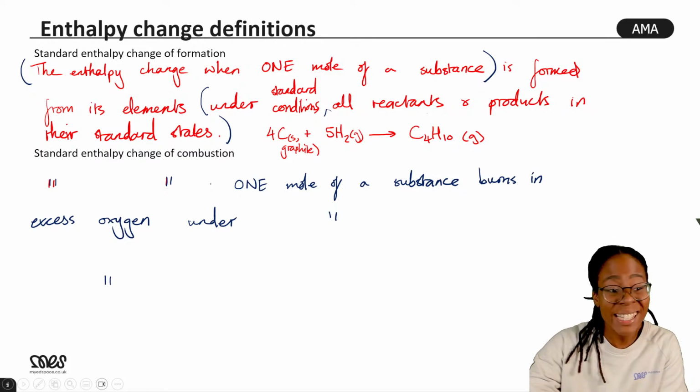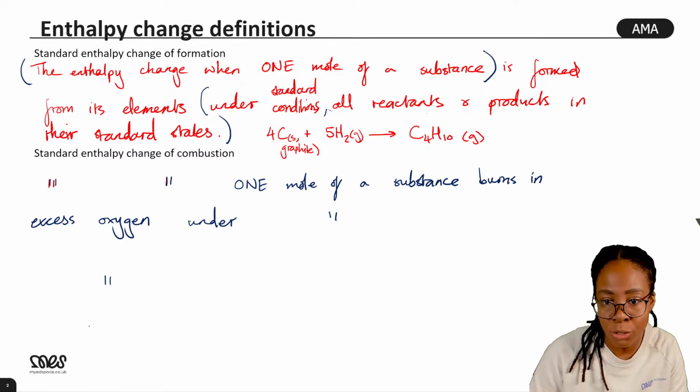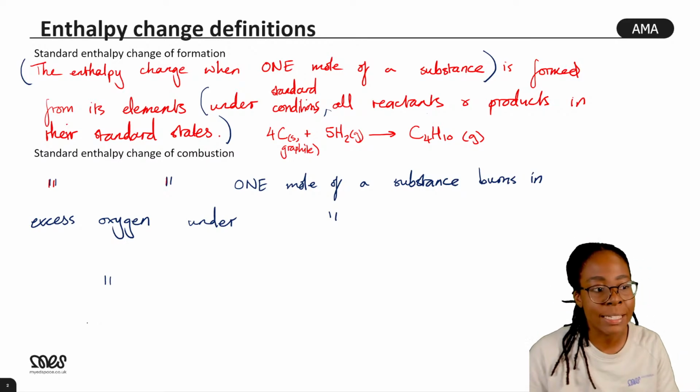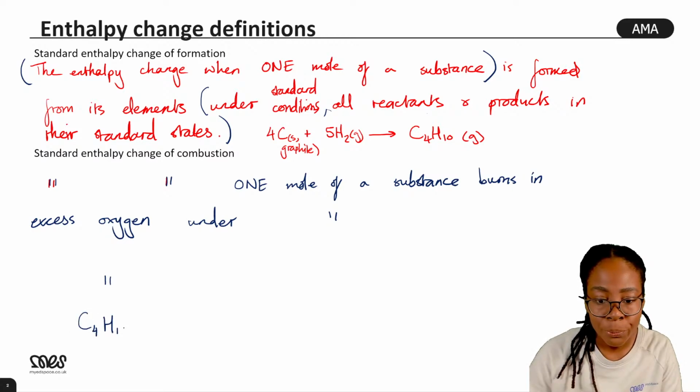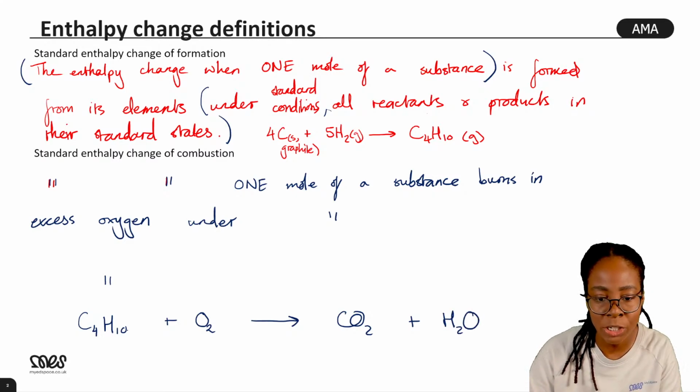So let's take butane again, because why not? It's already there. If we wanted to write the equation that goes along with the standard enthalpy change of combustion for butane, we would have C4H10 plus oxygen producing carbon dioxide and water. Oh, a couple of questions in the chat. I'll answer those as soon as I'm done with this equation. Everything would need to be in the standard state.